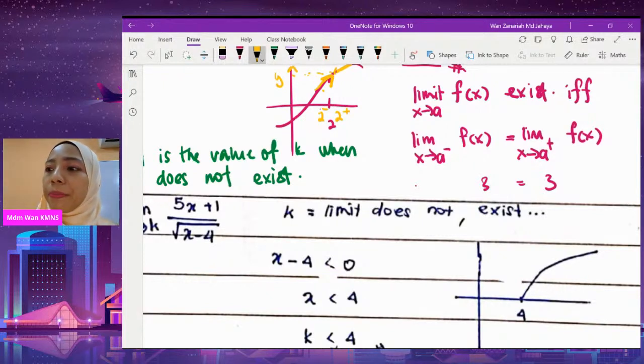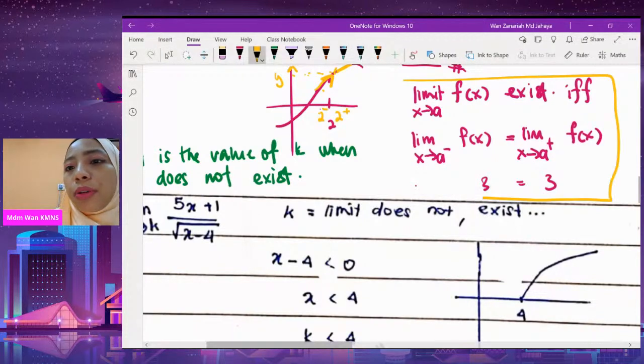Do you understand or not? Okay, if you understand, say understand. Okay, Sophia has sent the question. Thank you. Okay, please comment, understand or not? What does it mean by limit exists?